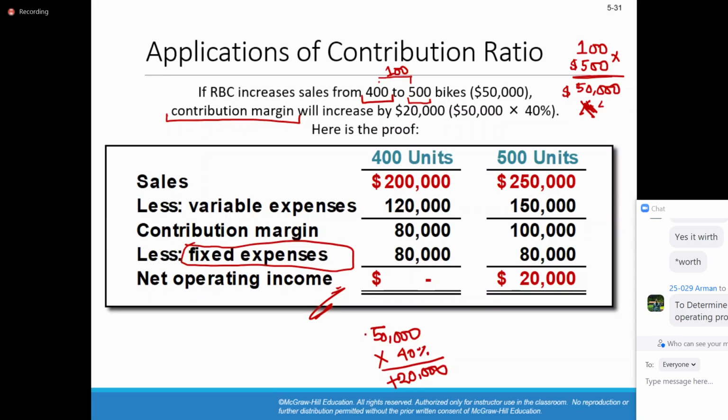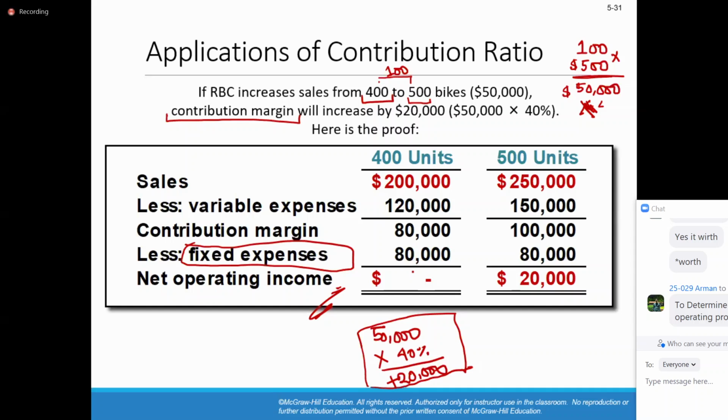Okay, so you see, instead of doing the contribution margin format income statement, we can simply do this shortcut calculation to get the response of net operating income for the changes in the sales value or for the changes in sales unit. Okay, so this is the way how it is useful.